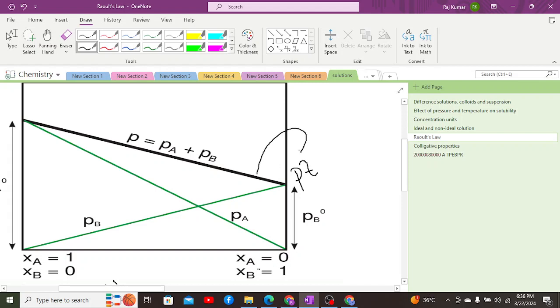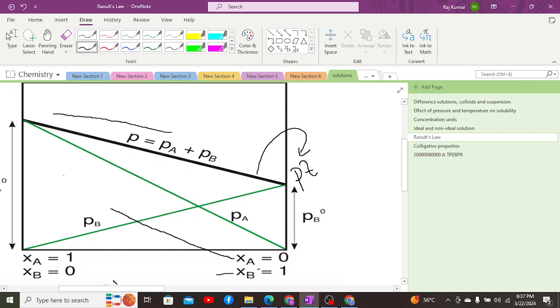As the concentration of the solute XB is increased, the vapor pressure is gradually decreased. Likewise, if the concentration of the solvent XA is increased, the vapor pressure of the entire solution is increased as a result of the increase in the concentration of the solvent.